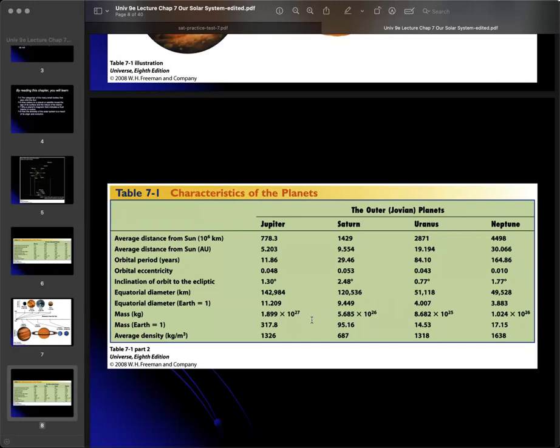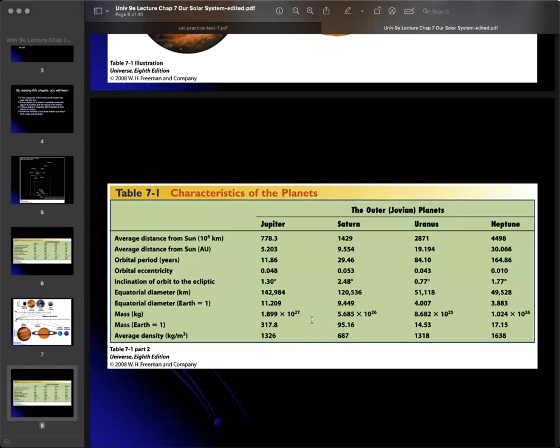Saturn is 9.5 Earth diameters. Within the outer planets, Uranus and Neptune are significantly smaller than Jupiter and Saturn. So Uranus's diameter is about 4 Earth diameters. Neptune is about similarly close.